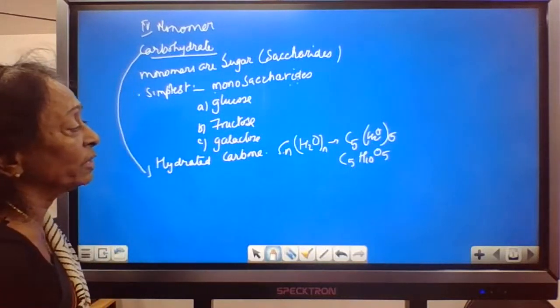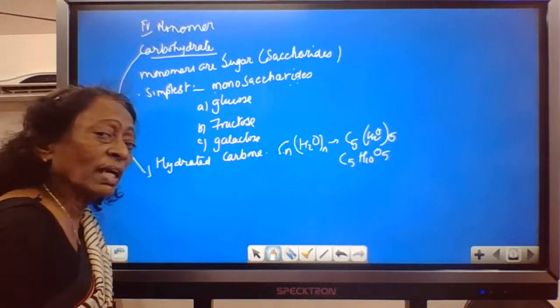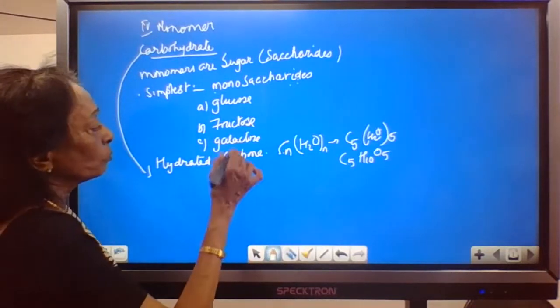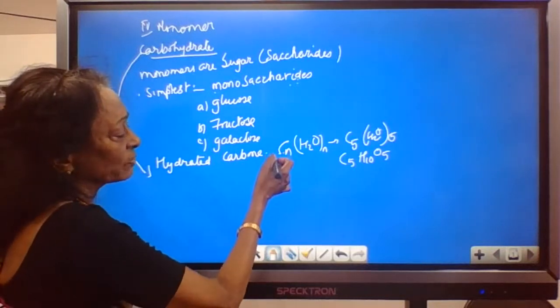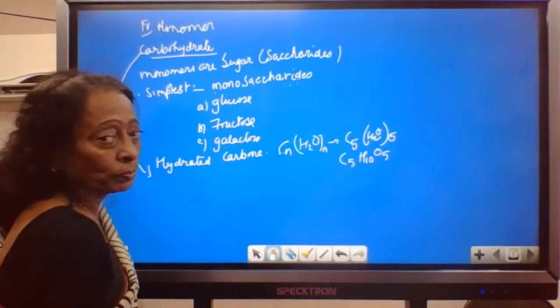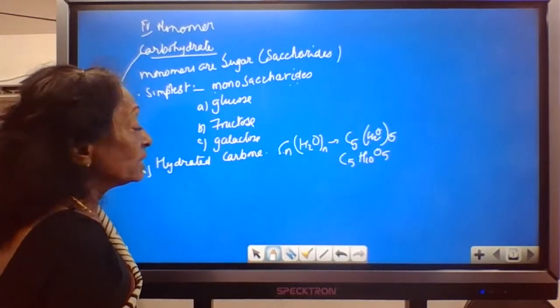That is, however many carbon atoms there are, that many water molecules. That's why the word carbohydrate comes: carbo stands for the C, and hydrated means H2O. Okay, so this is one.